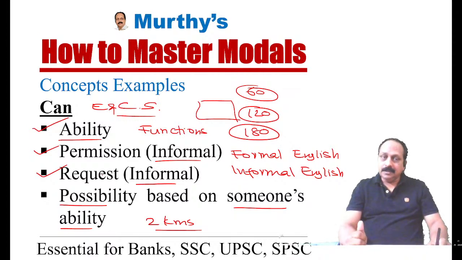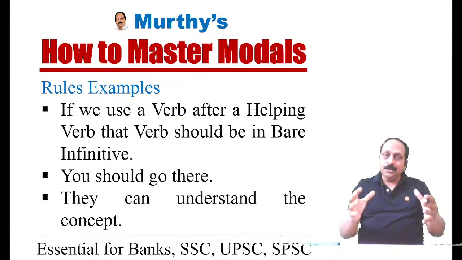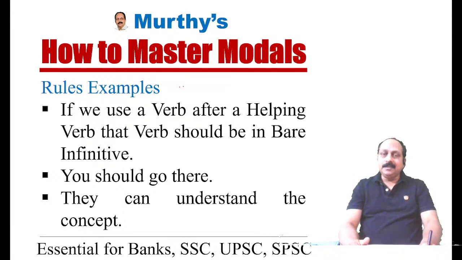One, ability. Second, informal permission. Third, informal request. Four, possibility based on someone's ability. Like this, for every helping verb, you have to learn the functions. I said there are 20 helping verbs, but if you take all these modals and their functions, the number could be 40 plus.